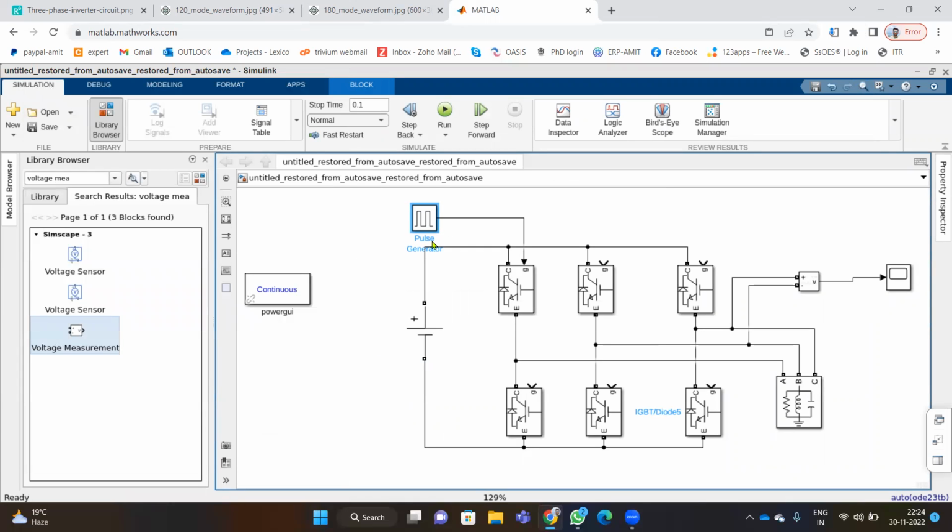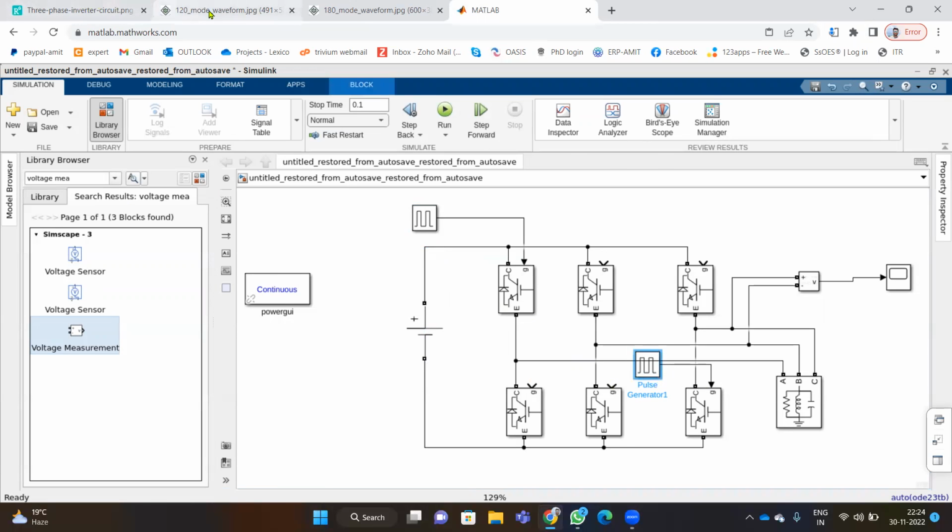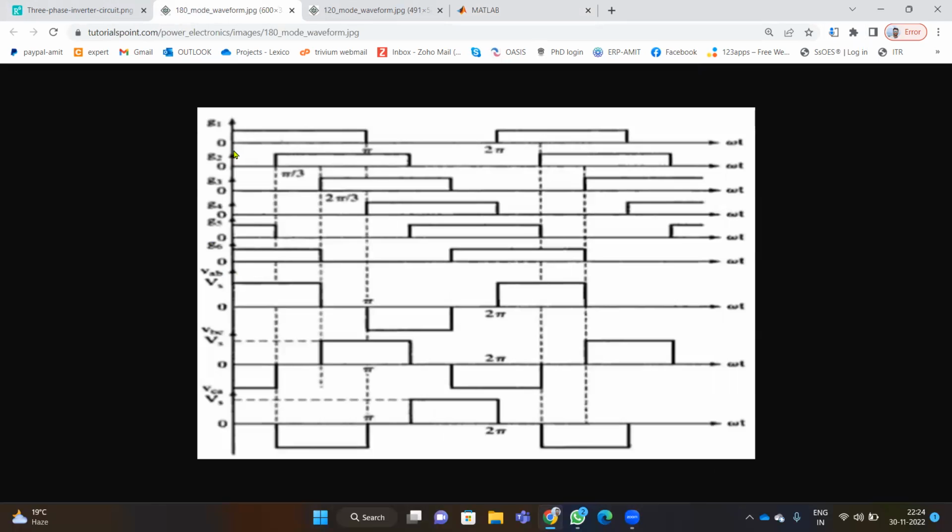Now let's see switch 2. So this was our switch 1. This is our switch 2. We need to create a pulse for this switch 2. As in the waveform given, the switch 2 pulse will be shifted by pi by 3, meaning 60 degrees.